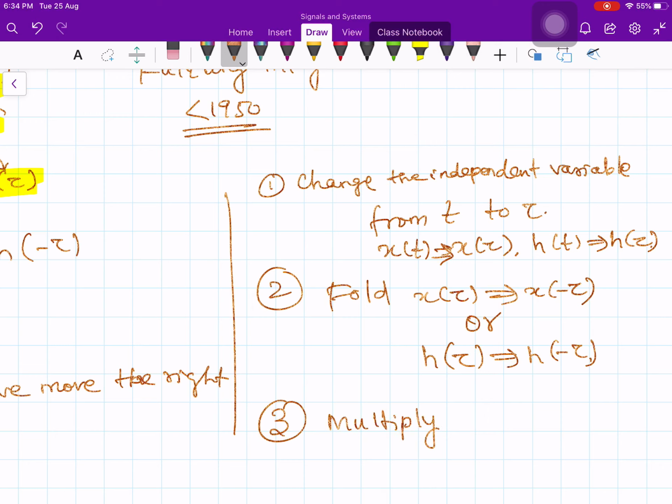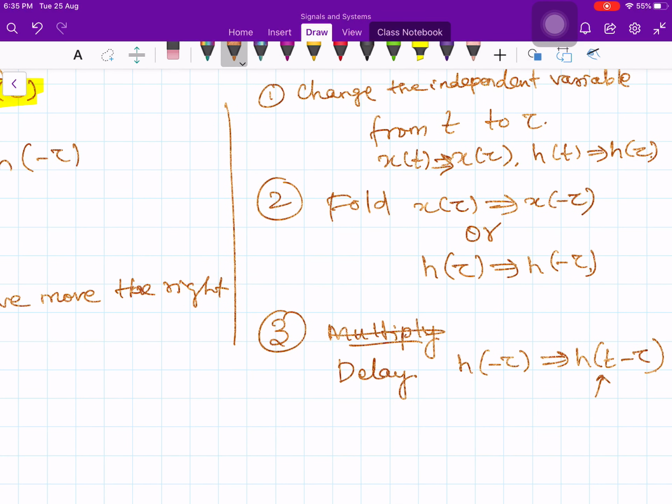The third step is delay, so h of minus tau becomes h of t minus tau. You need to consider both the cases, t negative and t positive. And the fourth step is multiply.